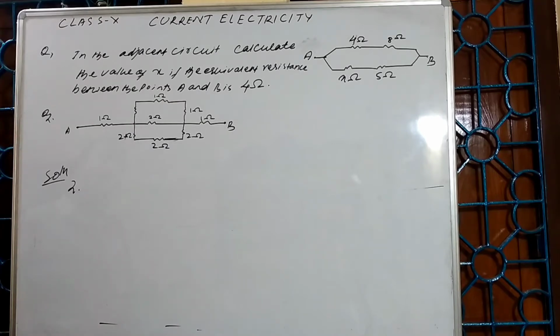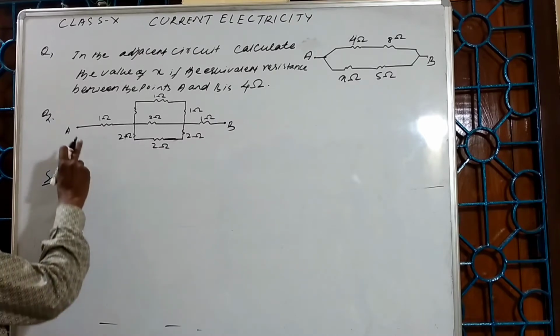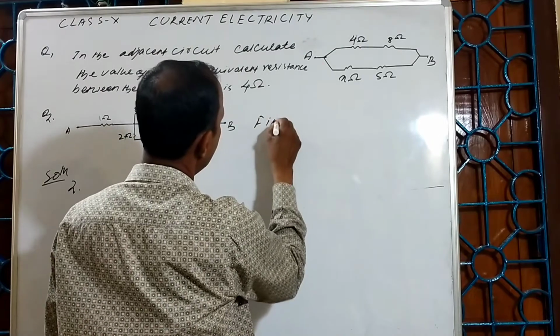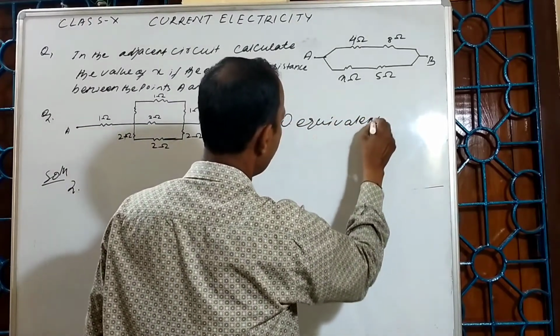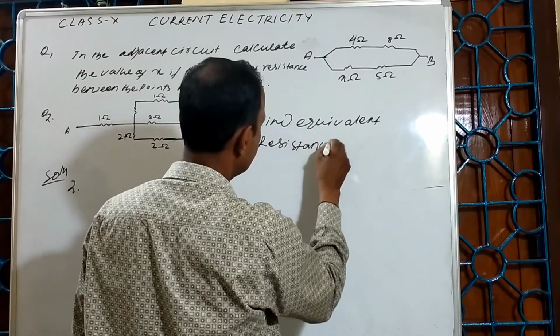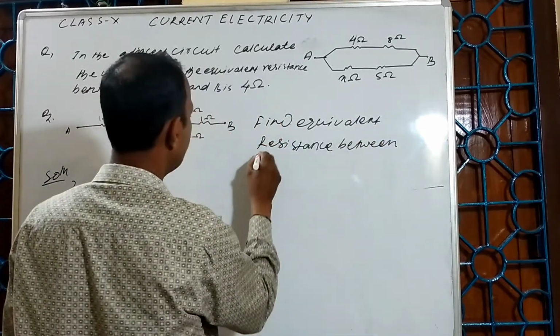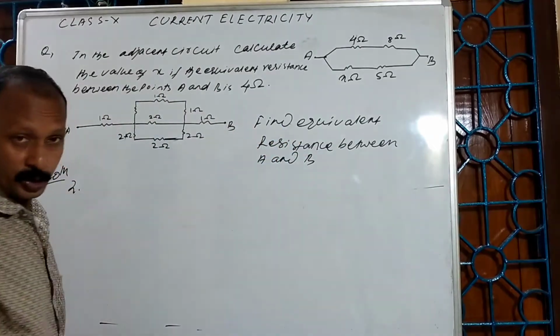You have to find the equivalent resistance between A and B. Find the equivalent resistance between A and B. Circuit is given, this is the question.